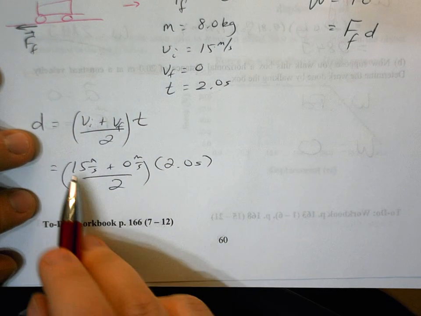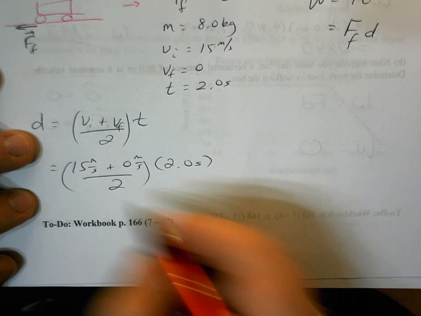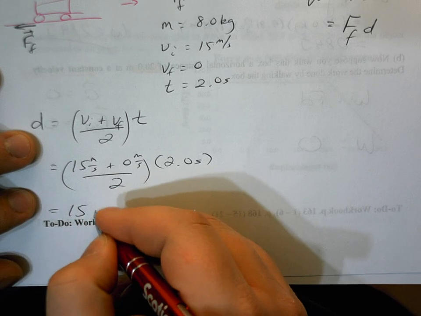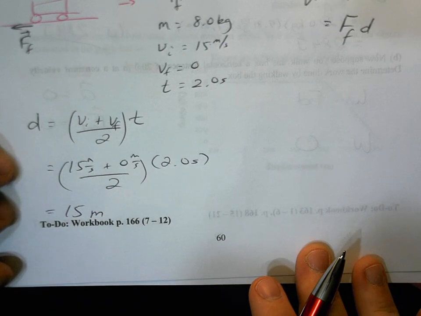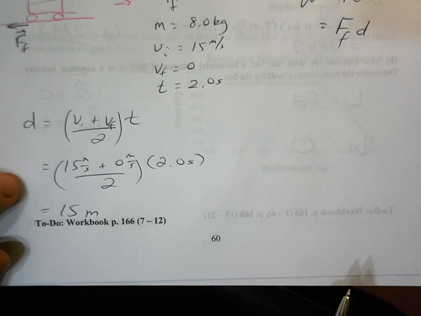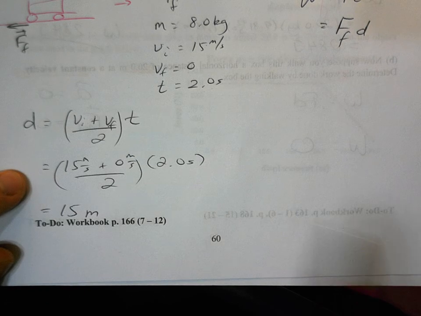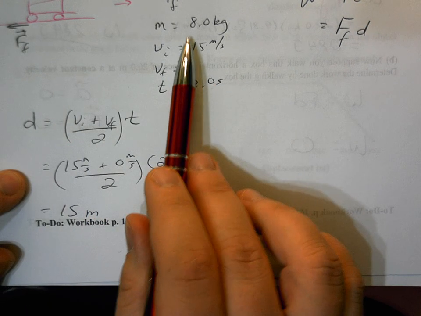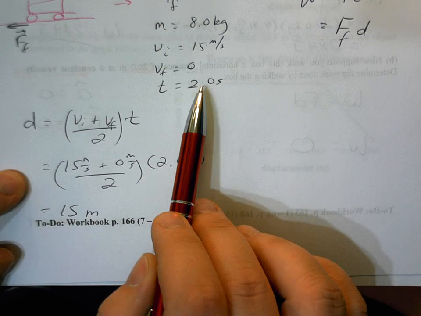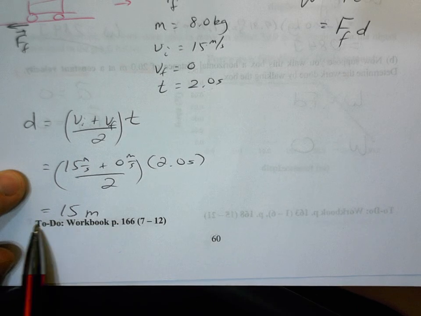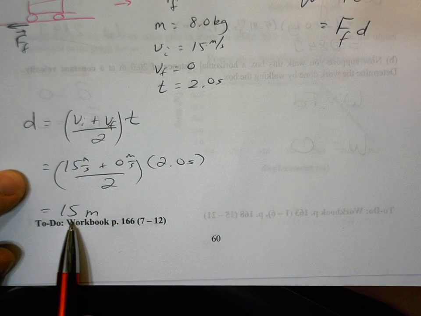So 15 divided by 2 is 7.5, times 2 is 15. What that's telling us is that based on the information we have, this object starting at 15 meters per second and stopping in 2 seconds must have covered a distance of 15 meters.